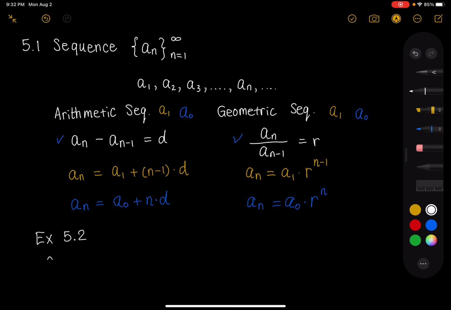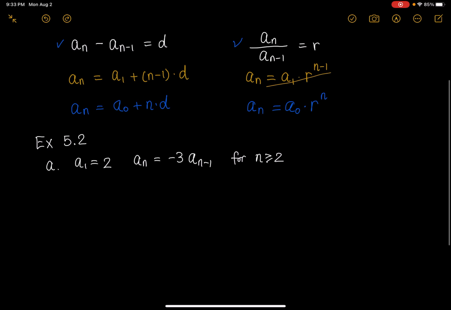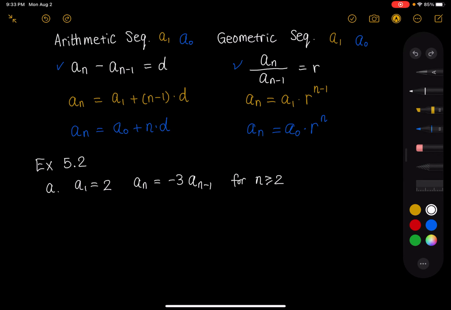For part A, it's given that a_1 equals 2, and a_n equals negative 3 times a_(n-1) for n greater than or equal to 2. We can take note that we want to find a relationship between a_n and a_(n-1).